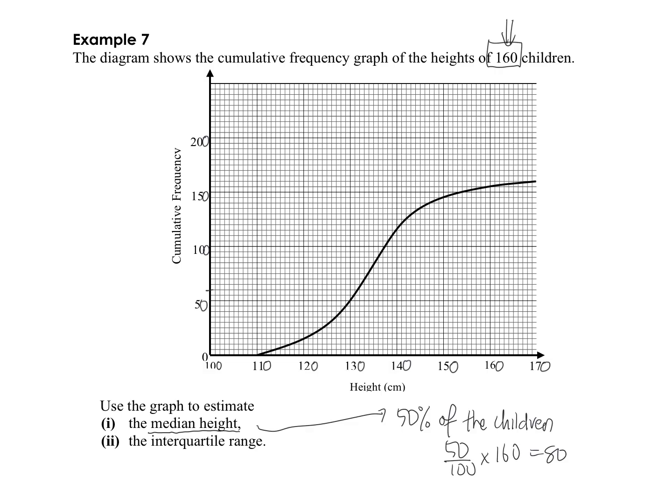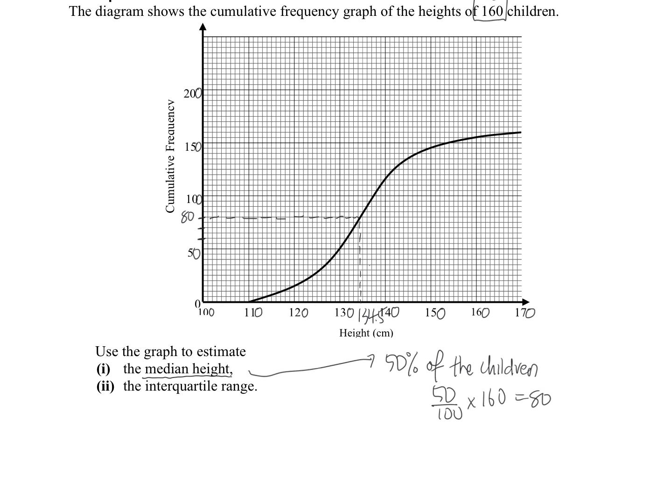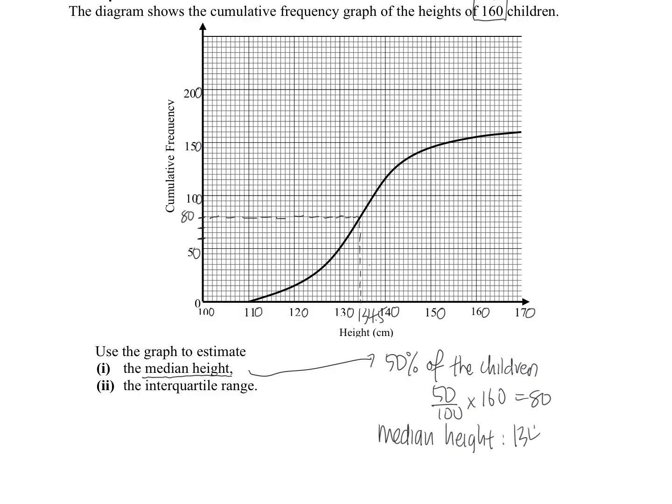This is 50, so 60, 70, 80. 80 children has a height of 134.5 cm. Okay, so my median height for 50% of the children is about less than or equals to 134.5 cm.